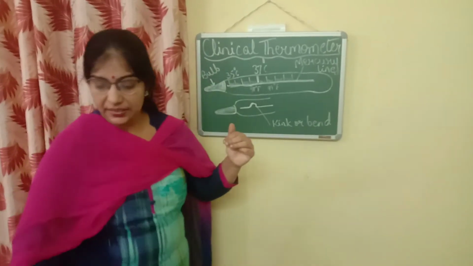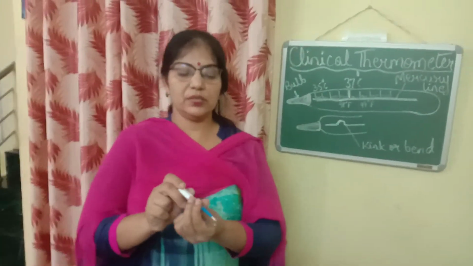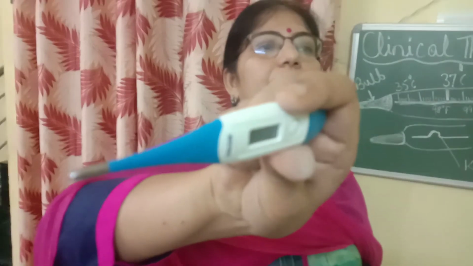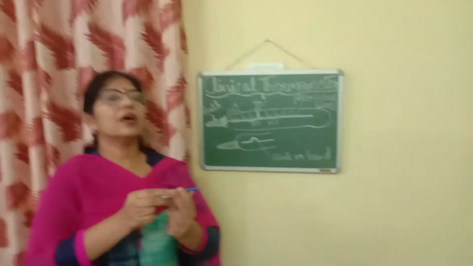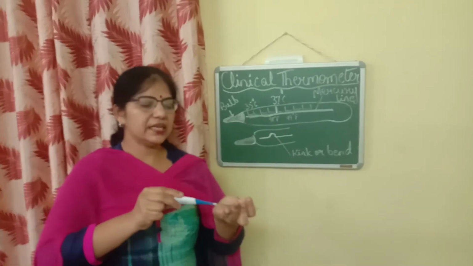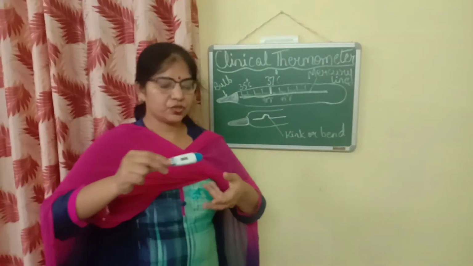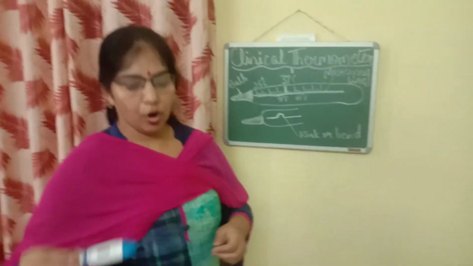So nowadays the digital thermometer is being used. This works on the concept of radiation. Our body radiates heat. This digital thermometer absorbs heat and shows the reading on the display screen. So this is the digital thermometer, which is now very common.